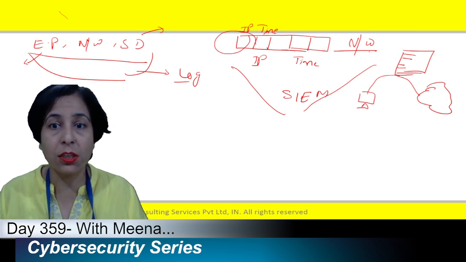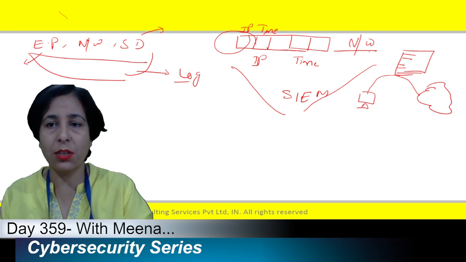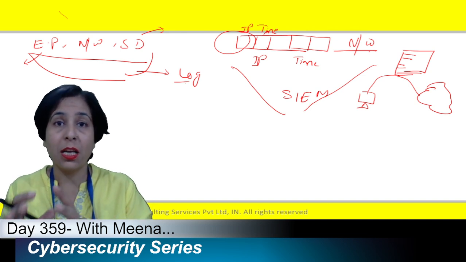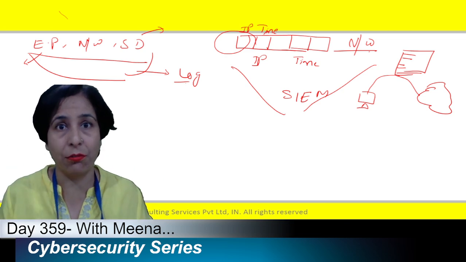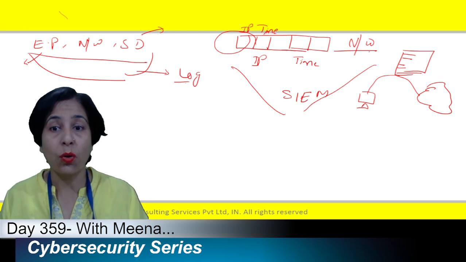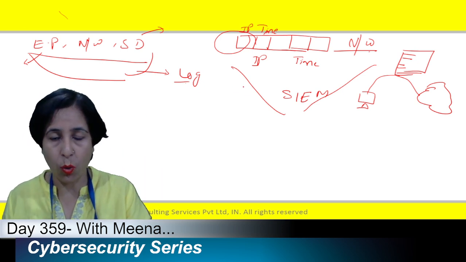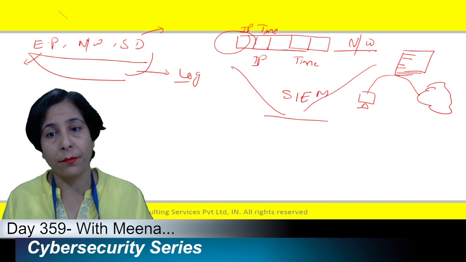How will the SIEM present us the data? Yes, just have a look, this is indicating an attack. It's not normal traffic. It's malicious activity. Clear?